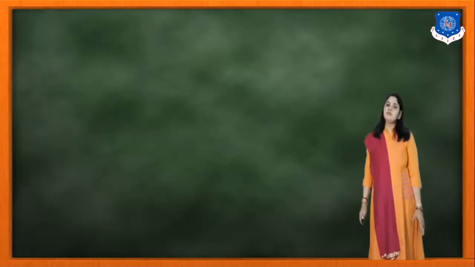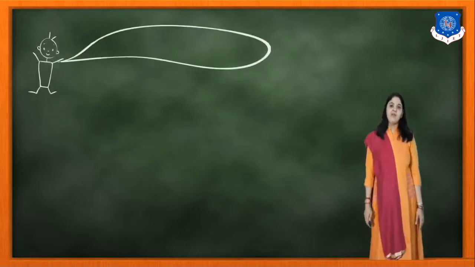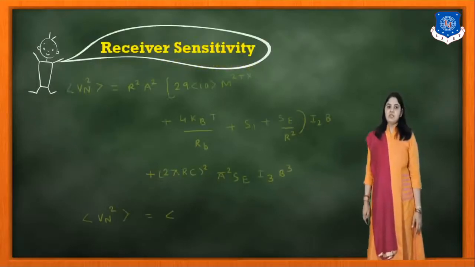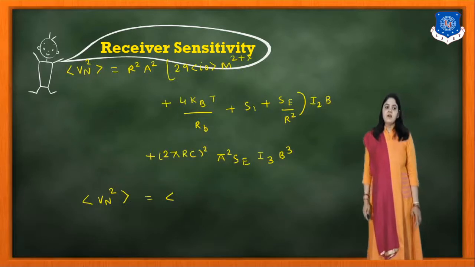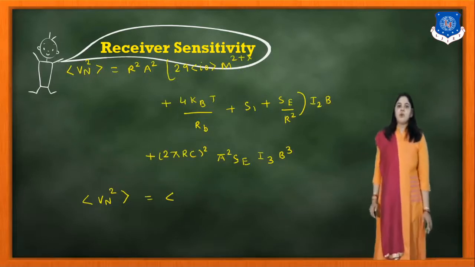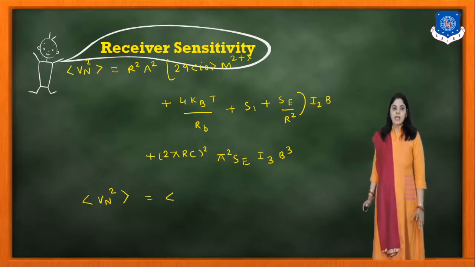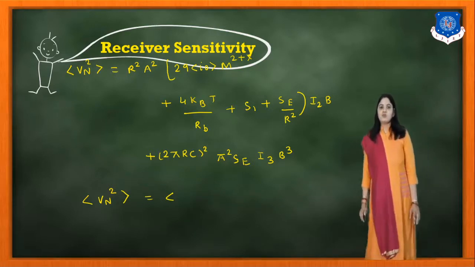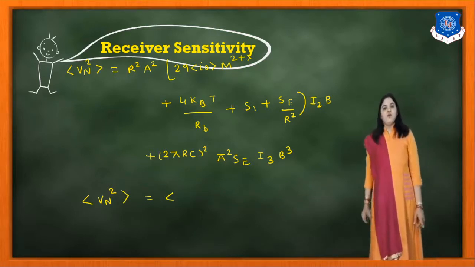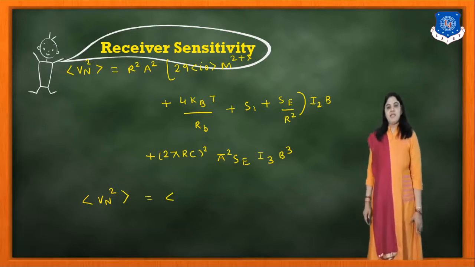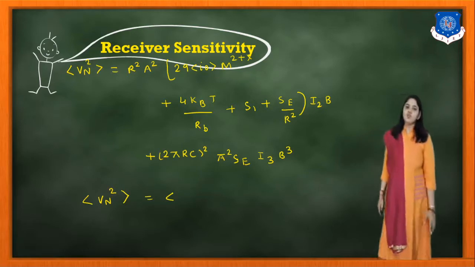Now substituting these values and solving the equations, V_n² is equal to R² A² times [2q I_0 M^(2+x) plus 4kT upon R_B plus S_I plus S_E upon R²] I_2 times B.